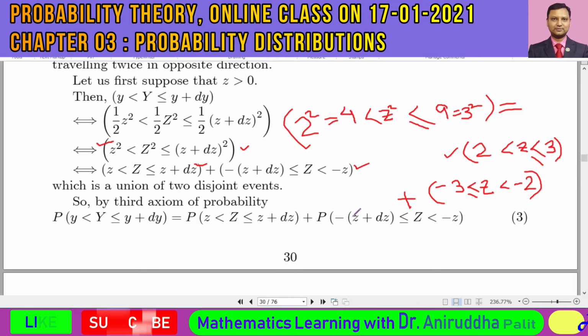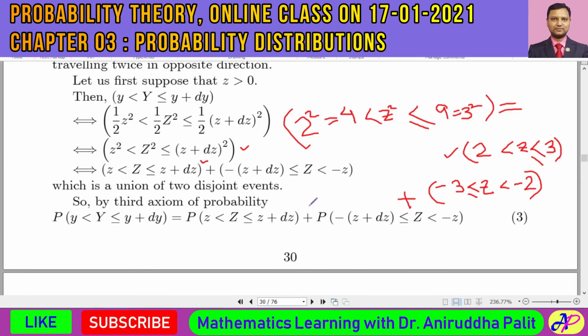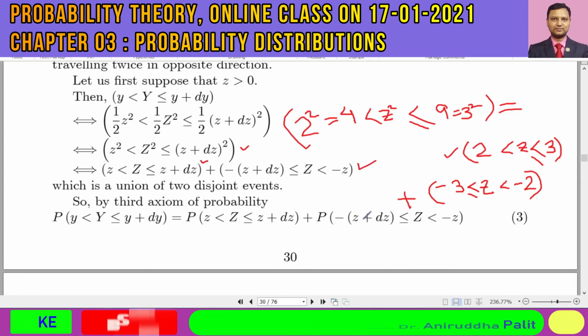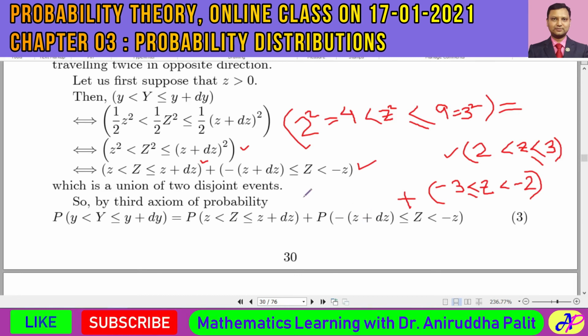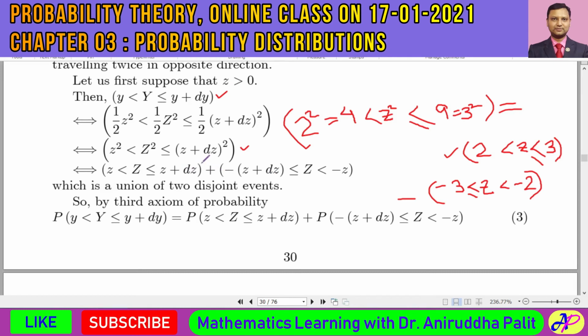And you see these two events, this is actually the positive portion in the z-axis, and this is actually the negative portion in the z-axis. So these two are actually disjoint events, and therefore we can say that this event is actually converted into the union of this event and this event.